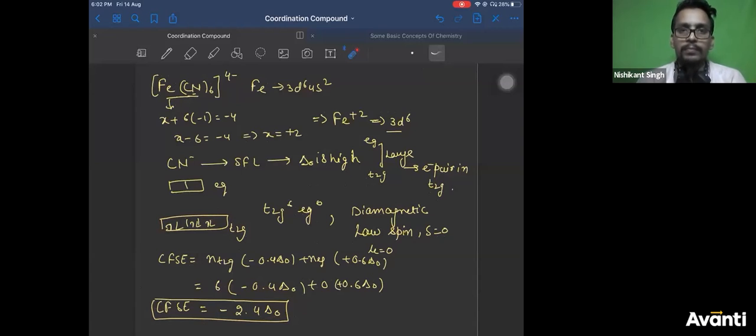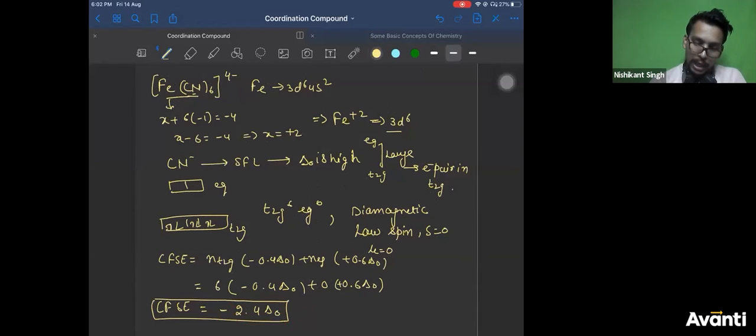No, we keep it in the form of delta O only. You will keep CFSE in terms of delta O only. If the delta O value is given, then substitute. Otherwise, no. Okay? Yes, you are right.